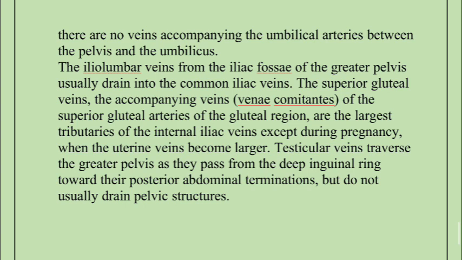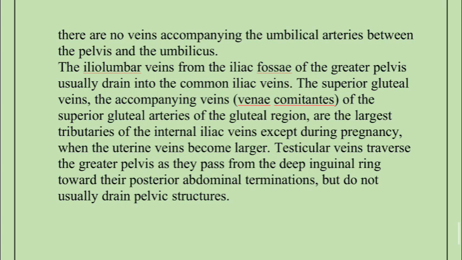So the vena comitans of any artery is the accompanying veins. So the superior gluteal veins actually accompany the superior gluteal arteries. So we call them the vena comitans of the gluteal arteries. And you find them draining the gluteal region. And the superior gluteal veins are the largest tributaries of the internal iliac veins.